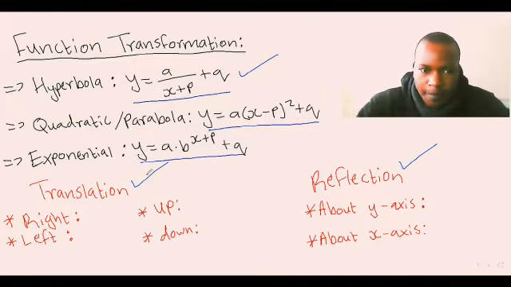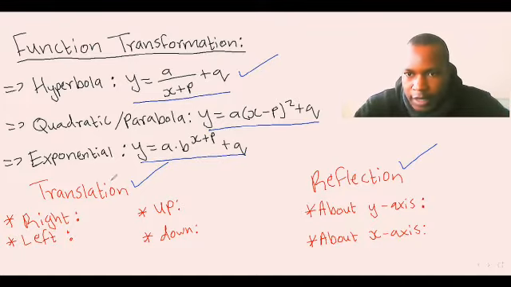Now, gents, the translation just talks about you moving the actual function either to the left or to the right by however many units, as well as up or down by however many units.